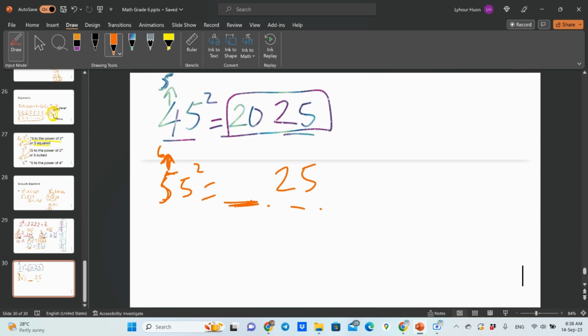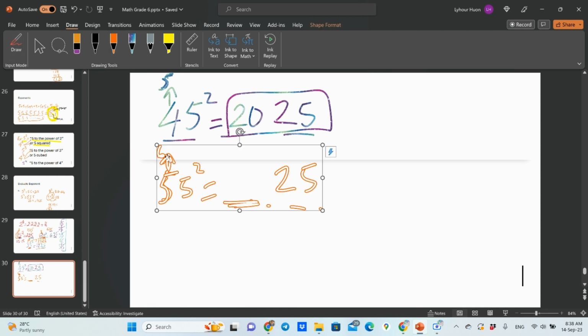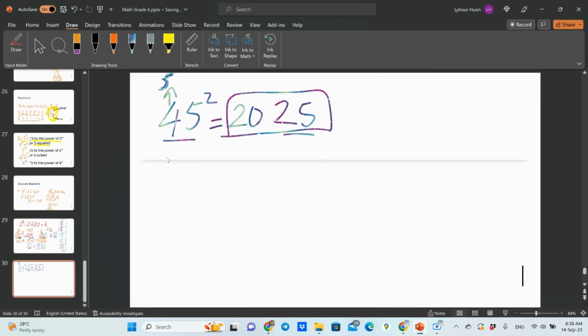Yes, you do it manually, right? Okay, so I still want you to get these concepts. Make it fun. Okay, your answer is 3025. That is correct. So 55 squared.